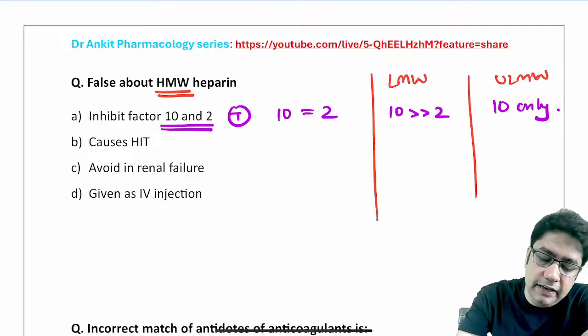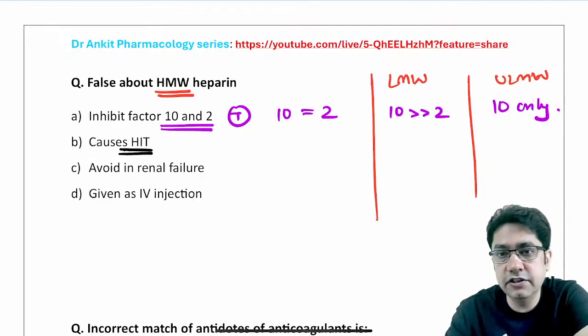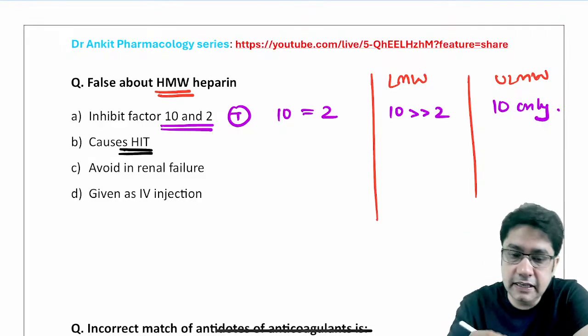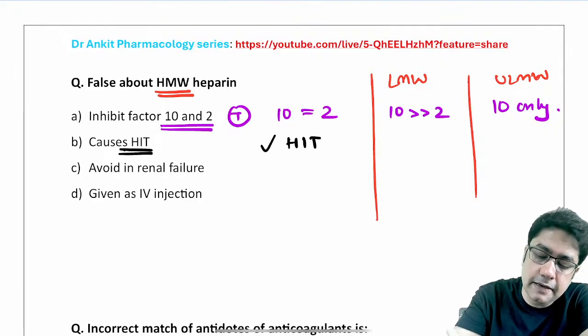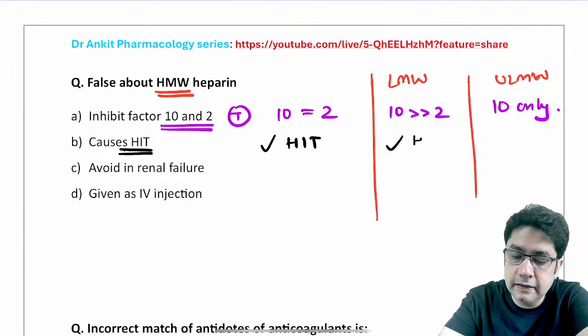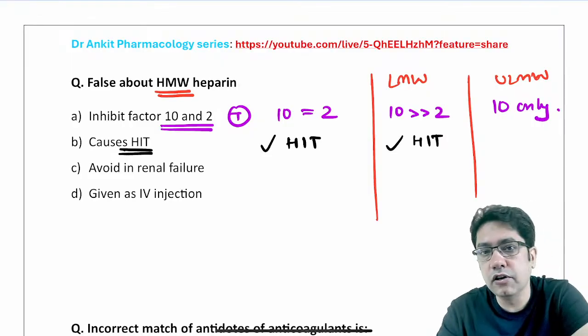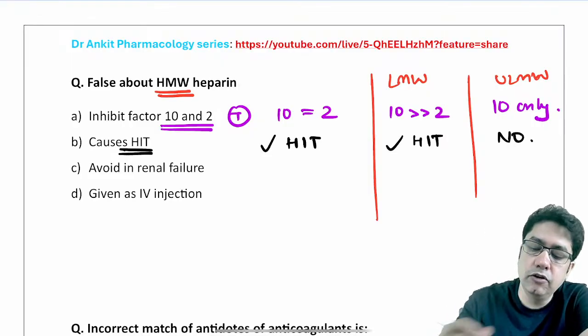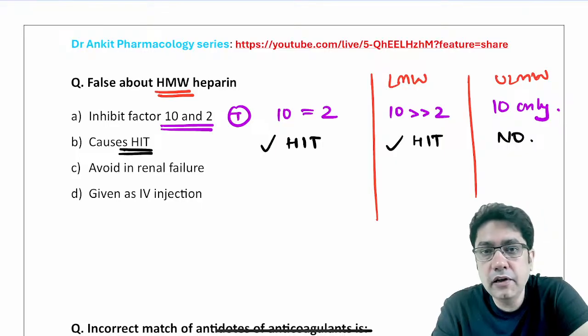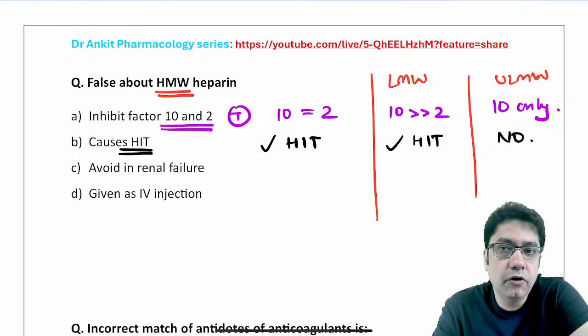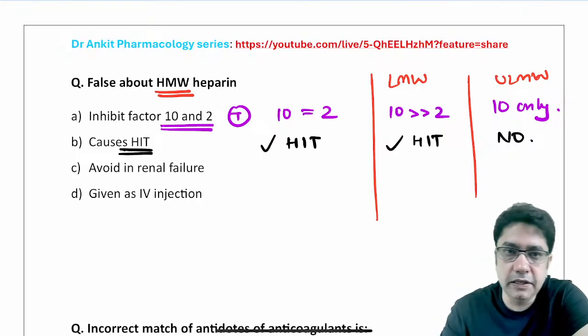High molecular weight heparin causes an allergic disease, hypersensitivity disease, that is HIT, heparin-induced thrombocytopenia. Low molecular weight can also cause heparin-induced thrombocytopenia. Ultra low molecular weight heparin does not produce heparin-induced thrombocytopenia.